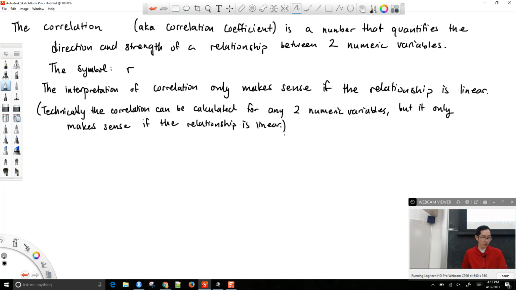Okay, and how do we decide if a relationship is linear? What do we have to do?